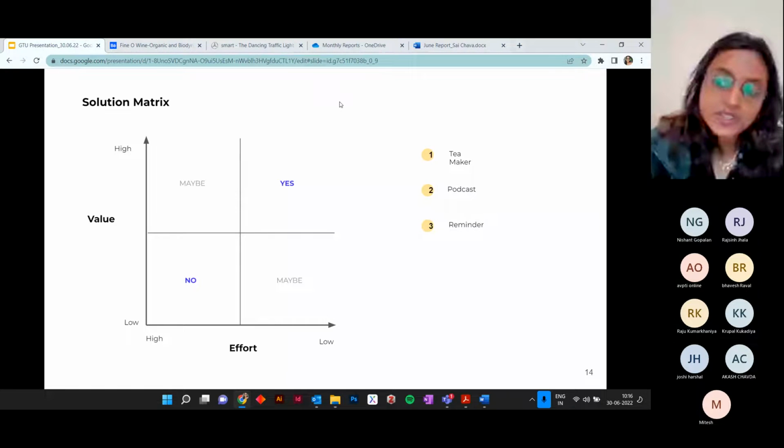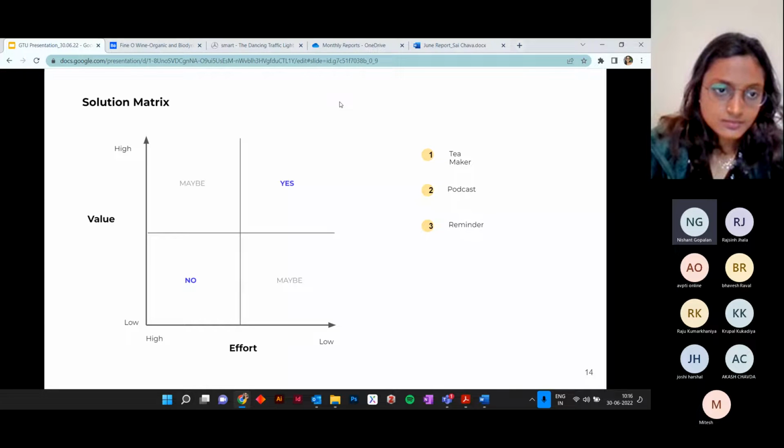You can place one, two, and three in the quadrants. You can tell me where you think they fit. Reminder number three fits at high effort and high value. So top left. Okay. Podcast is low effort and high value.